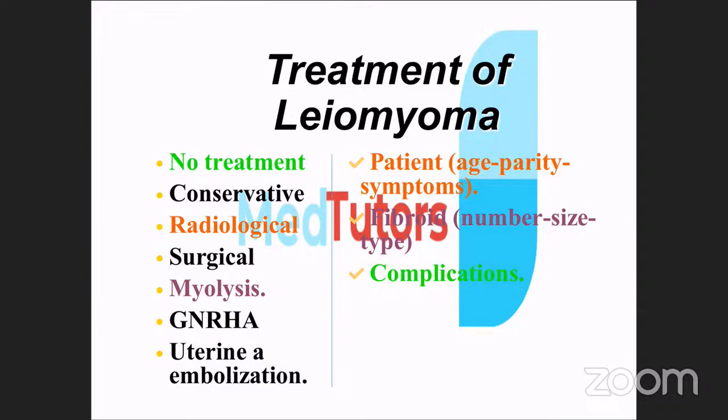In fact, not only blood supply but supply of estrogen, which will now lead to shrinkage of the fibroid.